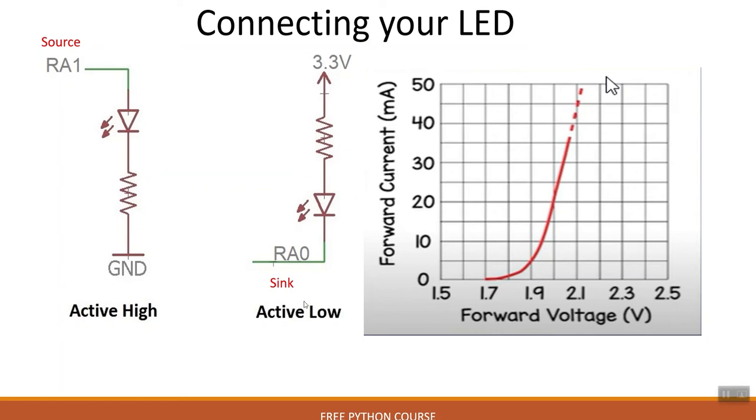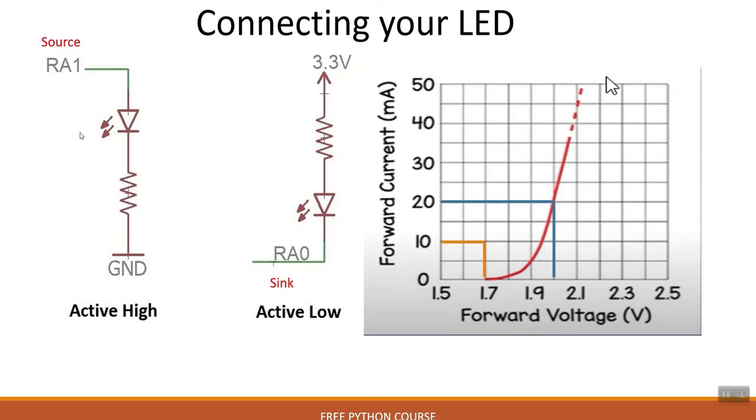Whereas in the active low configuration, your microcontroller serves as a sink. In other words, current is supplied from your positive voltage source. The current goes through the LED and is sunk into the microcontroller.